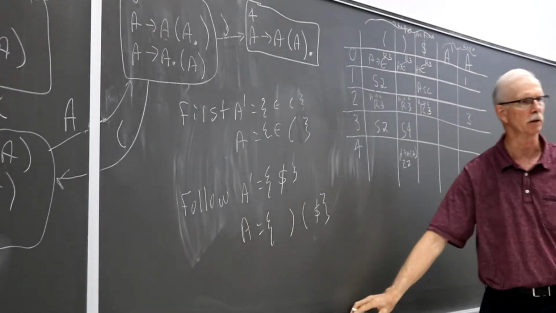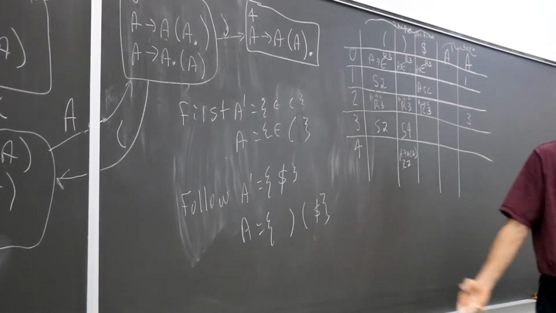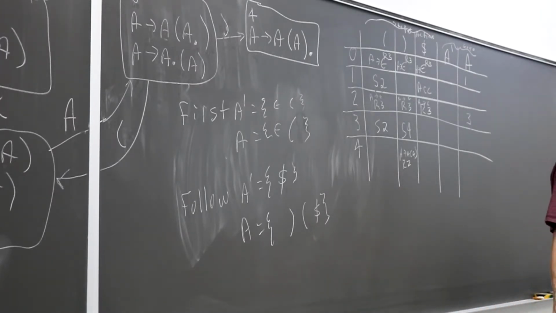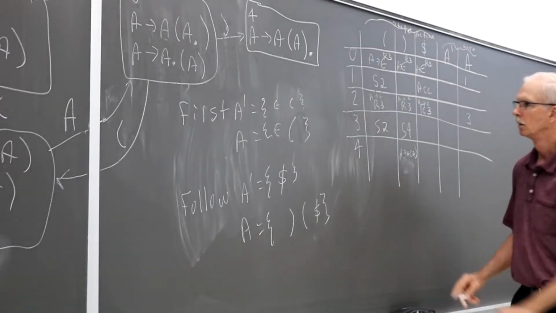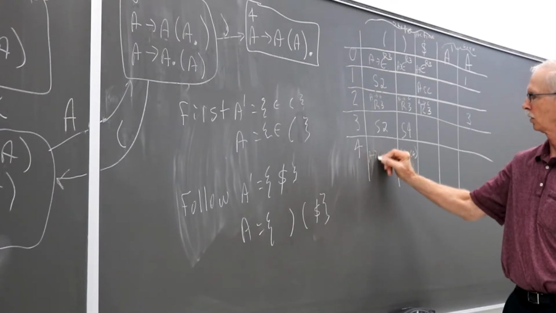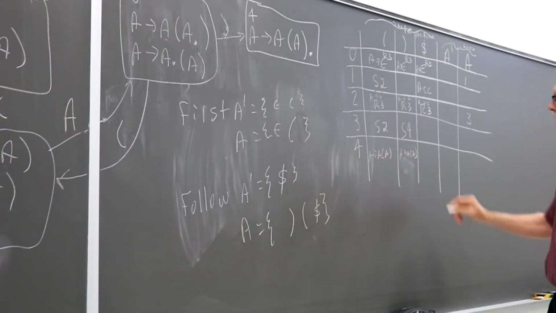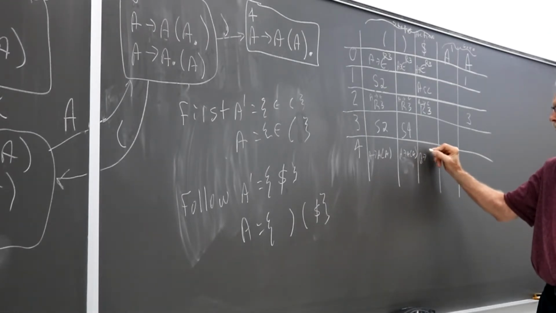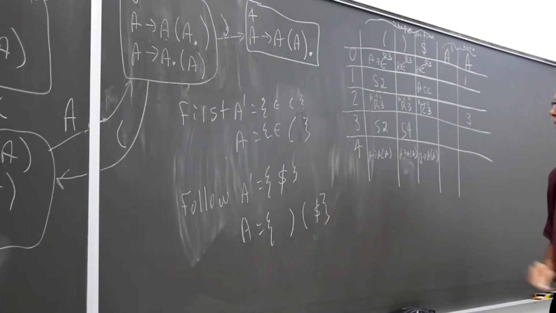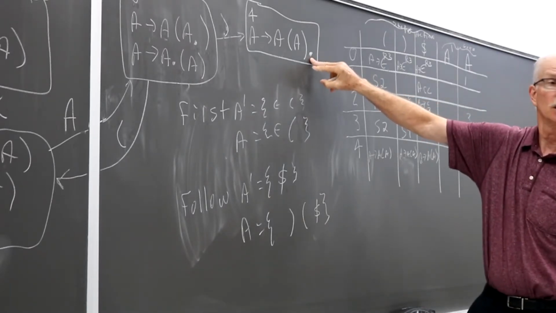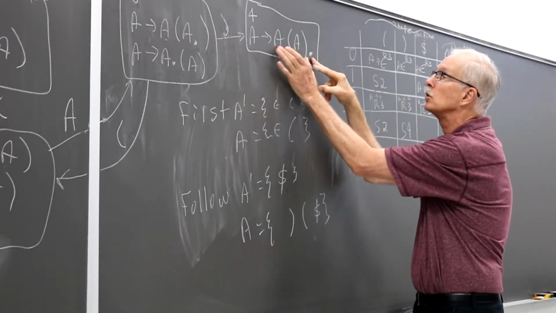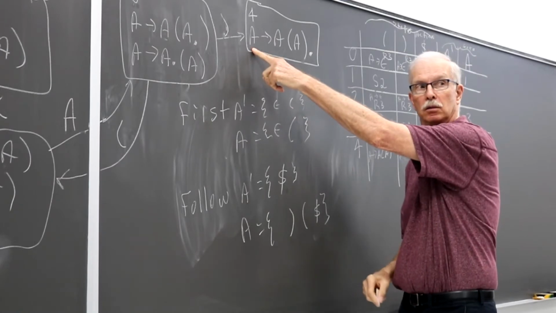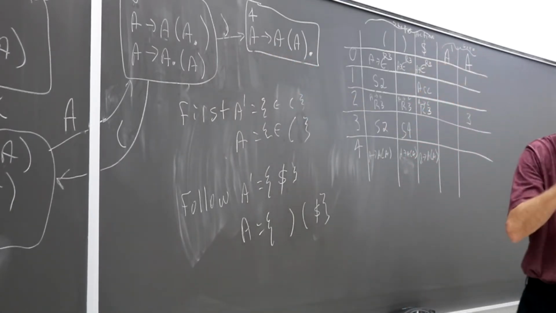I actually don't like writing both of them in there. What do you want me to write? Reduce by rule 2, or you want me to write the rule in there? The rule. Write the rule. Reduce by A goes to A paren A paren. The follow of A. The period is at the end of the rule. And so I can pop this off the stack and put that in to parse. That's what that's saying.